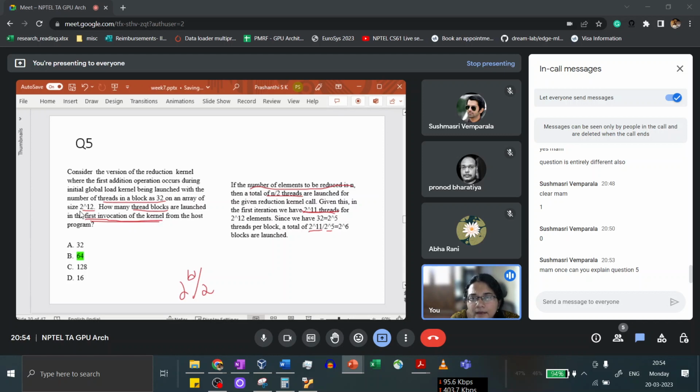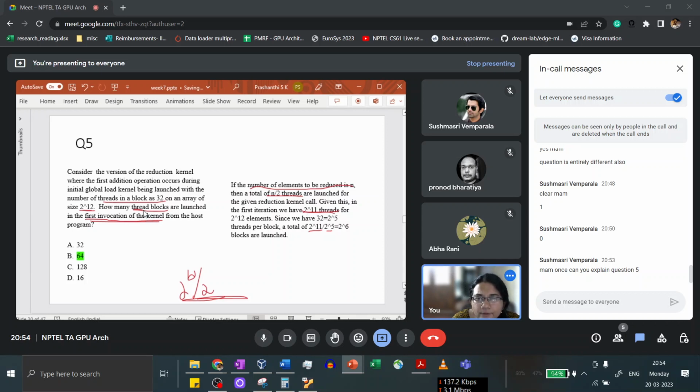So you have 2 power 12 elements in the array. If the number of elements is n, you launch a total of n by 2 threads, right? So in that same spirit, if you have the array size to be 2 power 12, you launch half the number of threads. That gives you 2 power 11 threads.